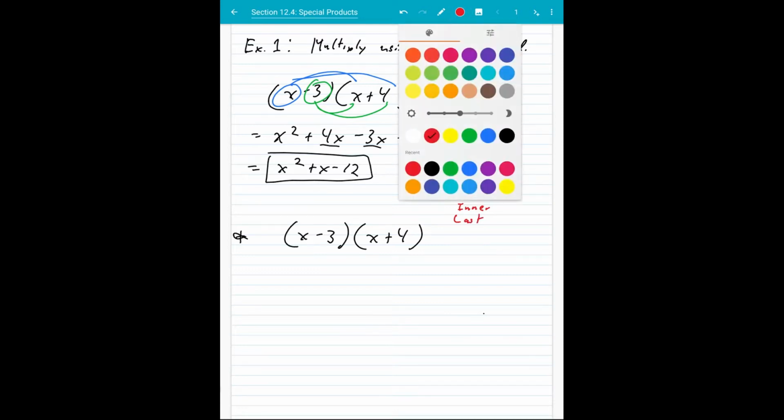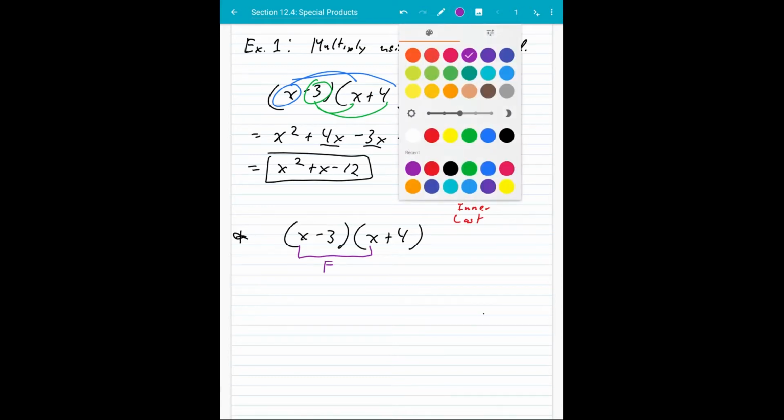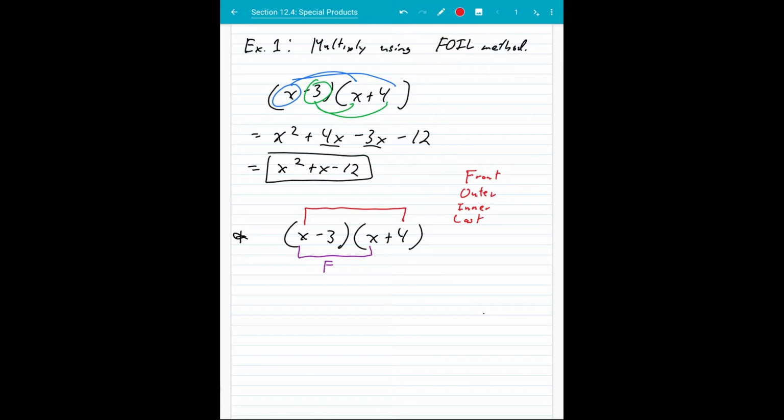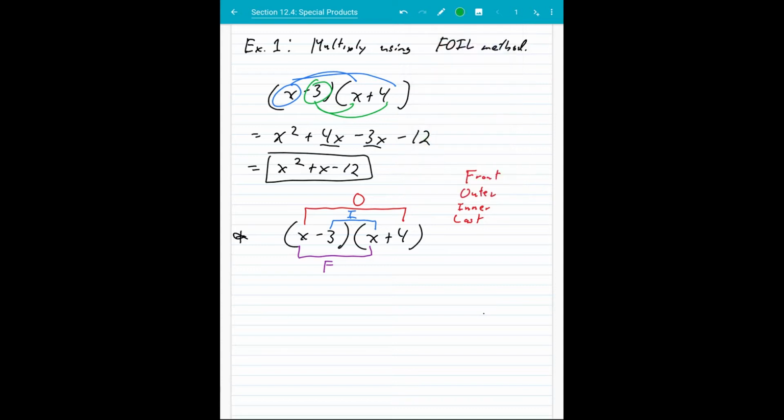So FOIL means multiply the front, then the outer numbers, then the inner numbers, and then the last numbers. That's essentially what it is.